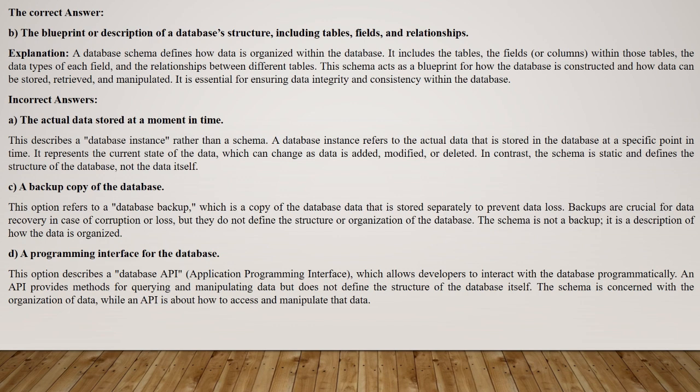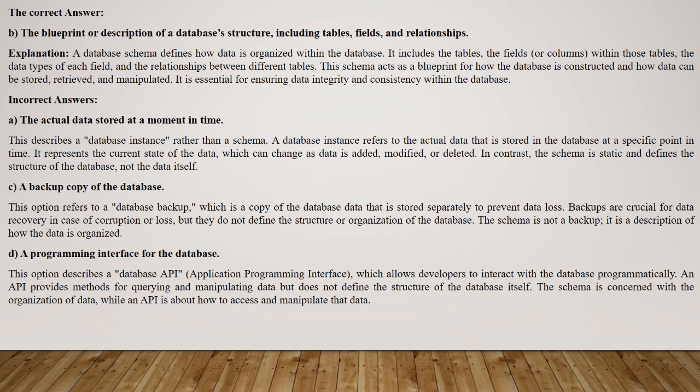Backups are crucial for data recovery in case of corruption or loss, but they do not define the structure or the organization of the database. The schema is the description of how the data is stored or organized.